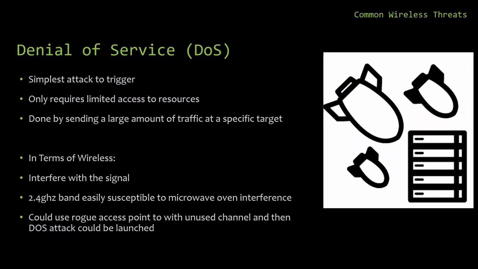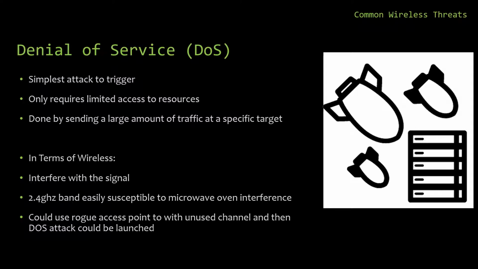The next common wireless threat that I'd like to talk about is the denial of service, and this is probably the simplest of attacks to trigger, because an attacker isn't required to gain an excessive amount of resources in order to complete it. This can be done in a variety of different ways, and potentially just sending a very, very large amount of traffic to a specific target.